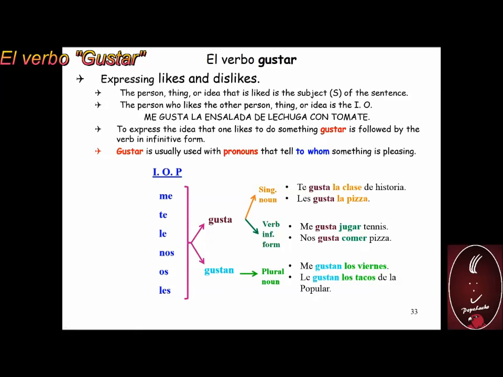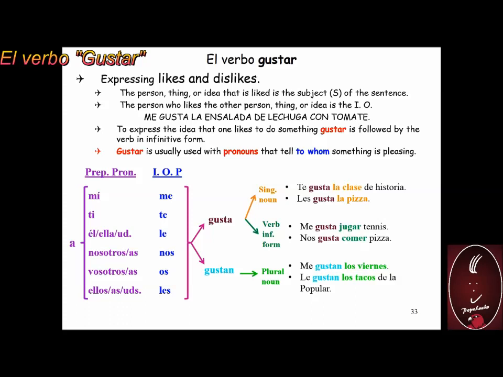This verb is also used with a set of pronouns that we call prepositional pronouns. Those are called prepositional pronouns because we use them with a preposition. It could be a, para, por. So we use a mí me gusta, a ti te gusta, a él le gusta, a ella le gusta, a usted le gusta.